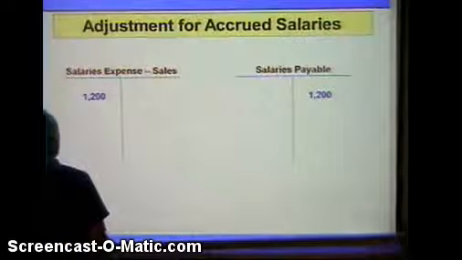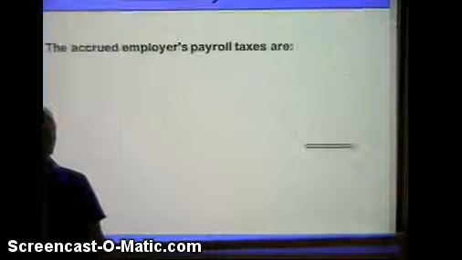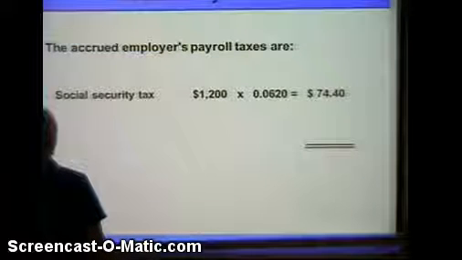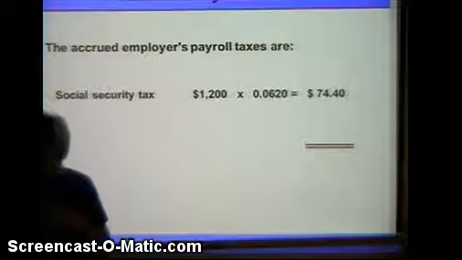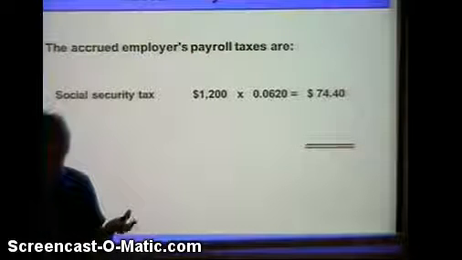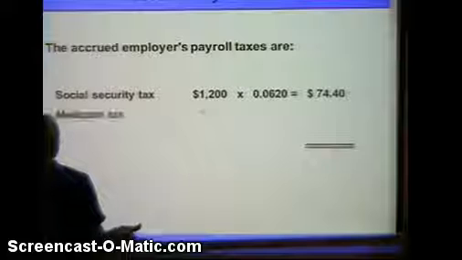So, there we are, and we go ahead and try to figure out the amount. We're going to have to match on that, right, to show it as our employer's part of the expense, payroll tax expense, plus the part that he has to pay on that, plus FUTA and SUTA, which we're going to show in a minute.